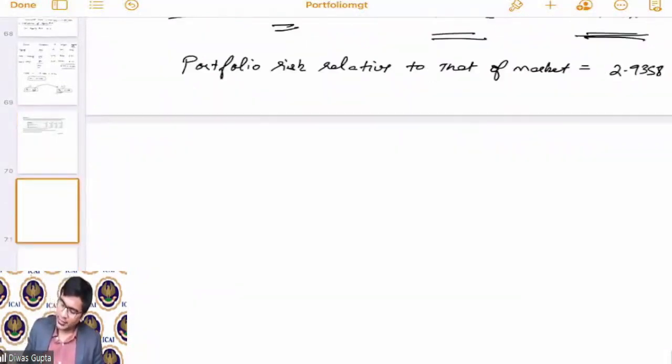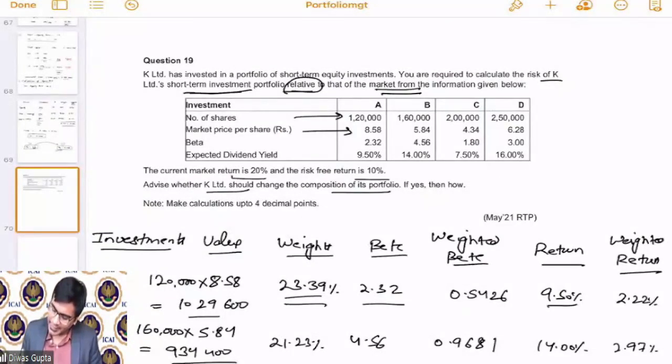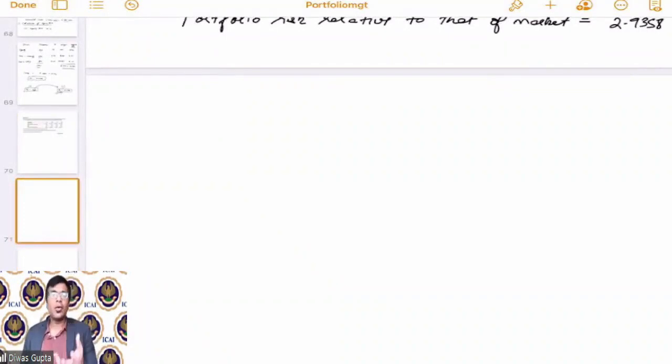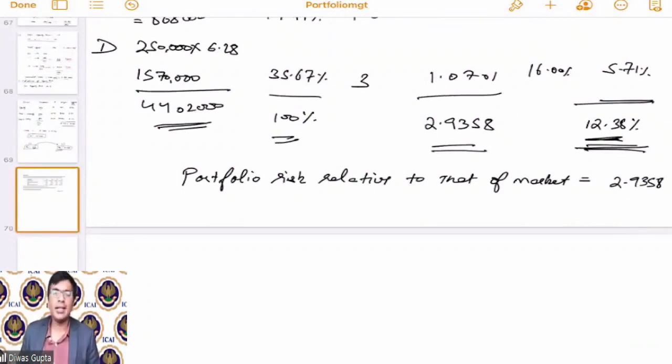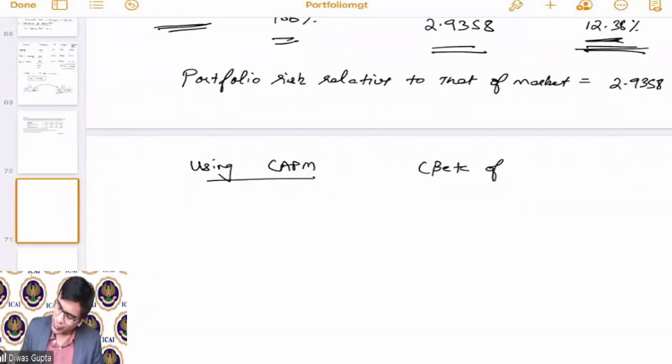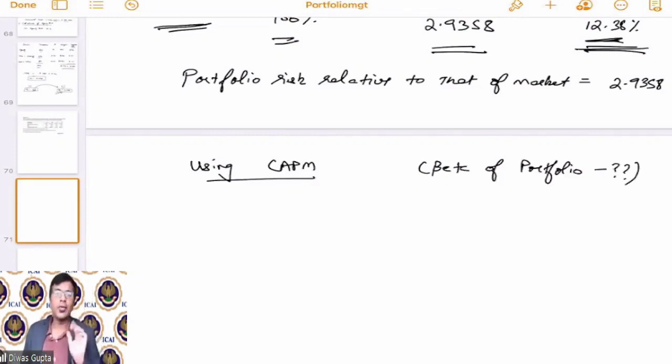We are also given the market return as well as the risk-free rate of return. So can we, using CAPM, calculate the implicit beta? What should be the right beta to get 12.38%? Can we calculate that? Yes. So using CAPM, the beta of the portfolio, what it should be, is what we're trying to answer.